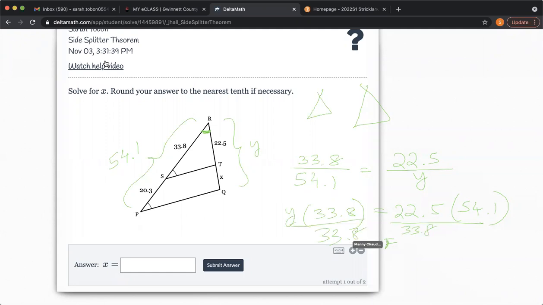So do that, you have Y equals 36.01. So subtract 22.5. That should be 13.51. Yeah. Which rounds to 13.5. This X must be 13.5.